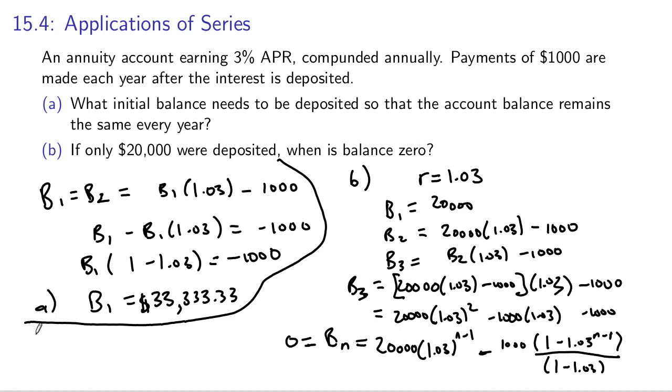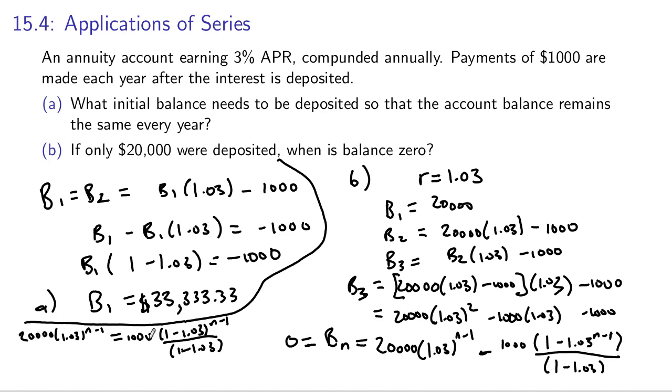The 20,000 times 1.03 to the n minus 1 was negative on the left-hand side, but we'll have negative on both sides, so we'll cancel that out.